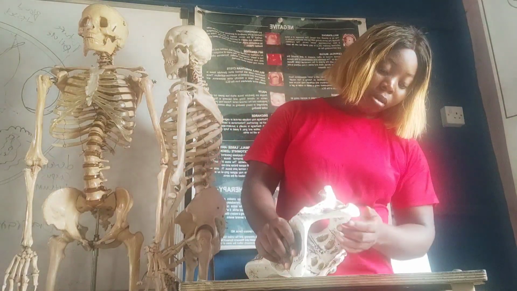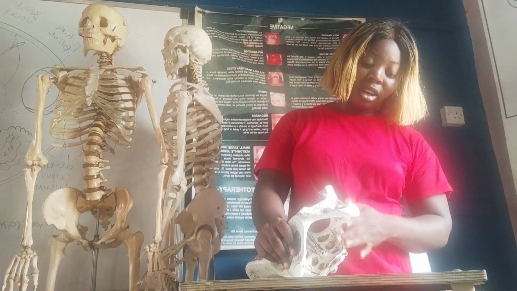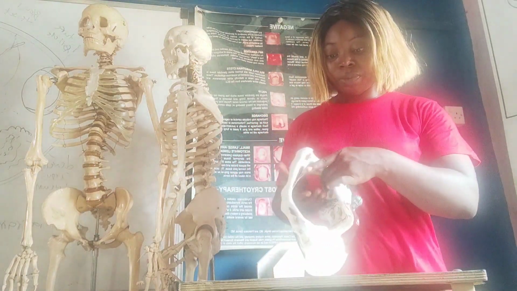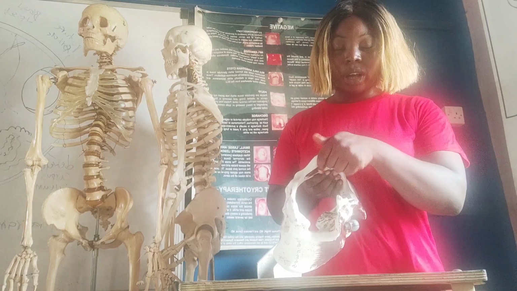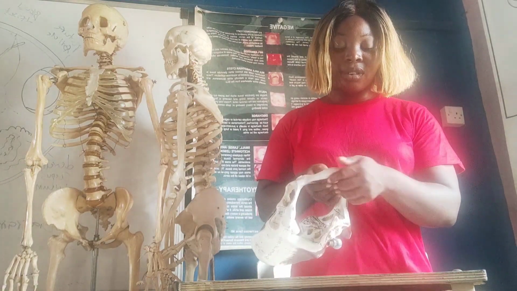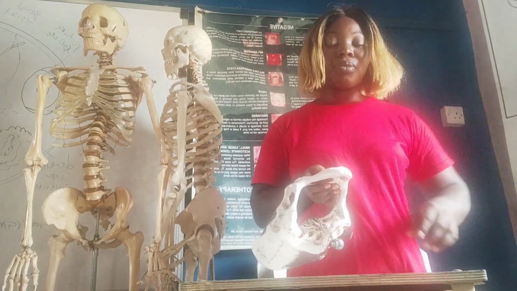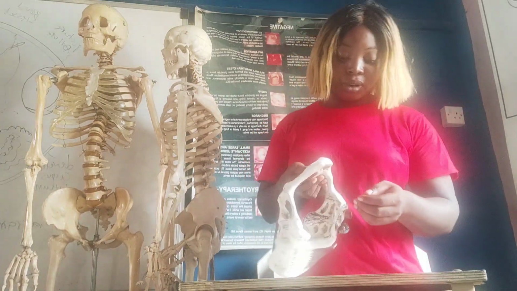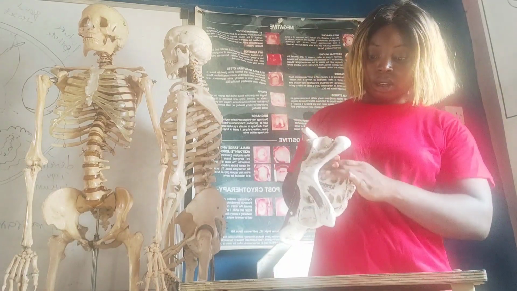The ischium is the thickest part of this innominate bone, and we have the ischial tuberosity. This is the part that carries the weight of the body when you are seated, in a sitting position.